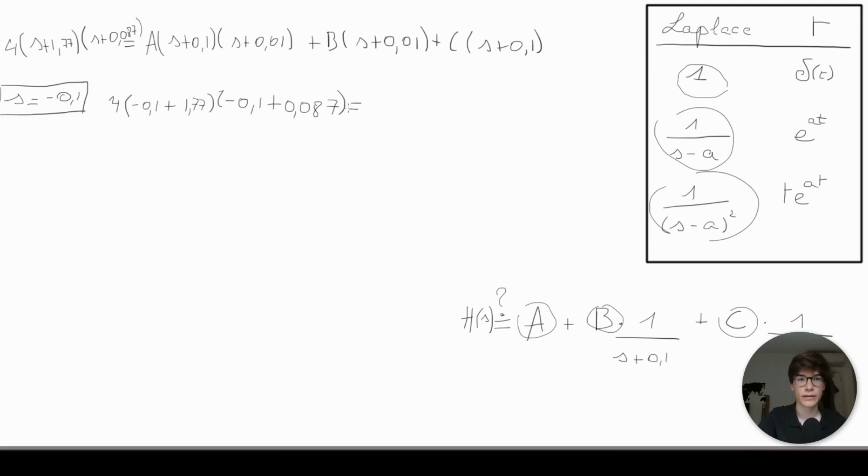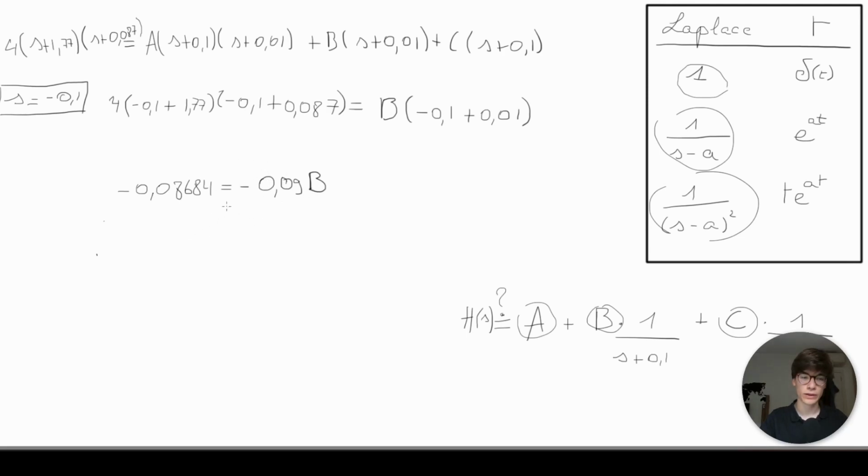is equal to, this became 0, this is also 0, so only the b times negative 0.1 plus 0.01. So if you type this in a calculator, we find that it is negative 0.08684 equals negative 0.09, I have to look it up on my calculator, times b.